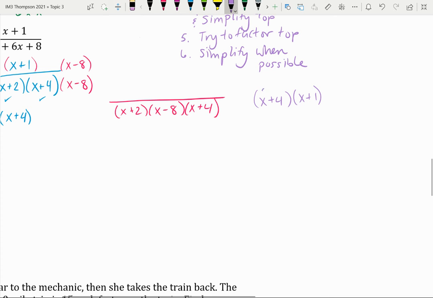And multiply that all out. So x times x, x squared, x times 1 plus x, plus 4x plus 4. So when I multiply that part out, I get x squared plus 5x plus 4.